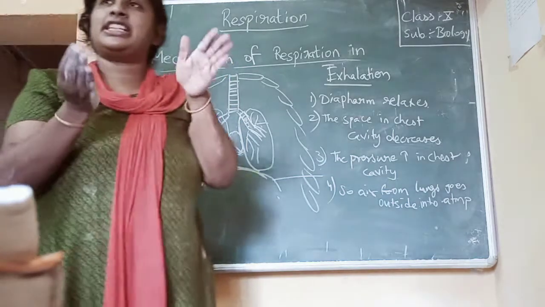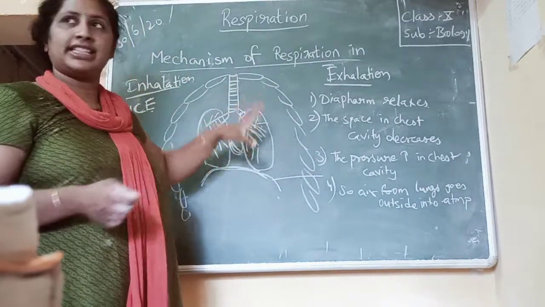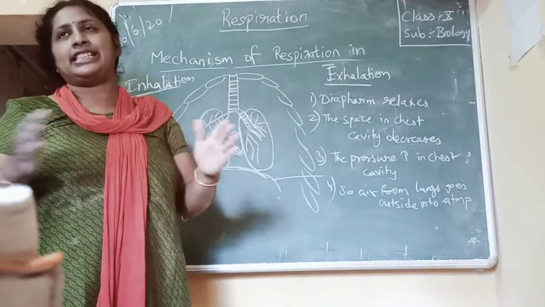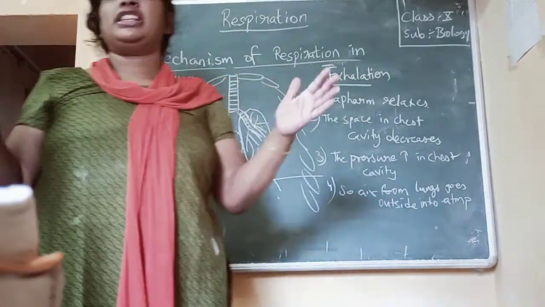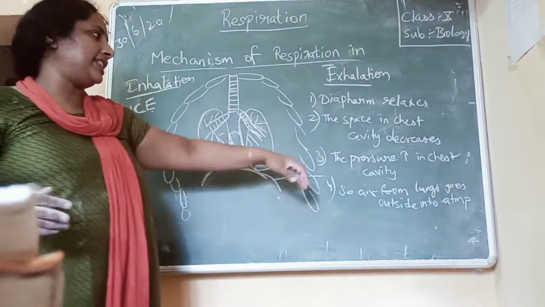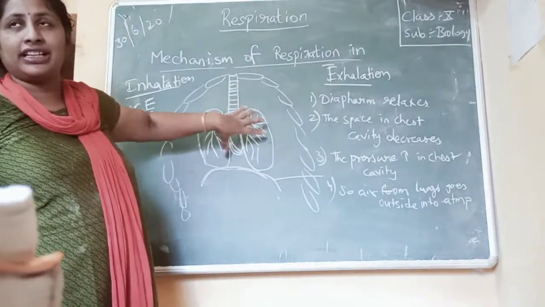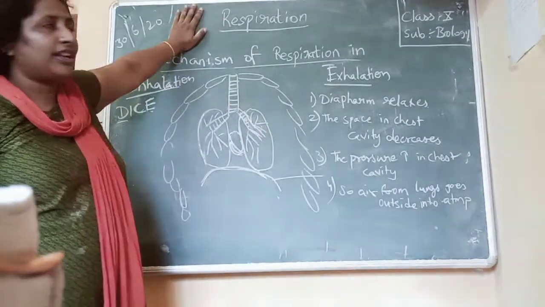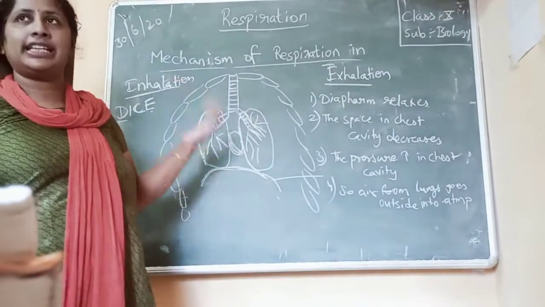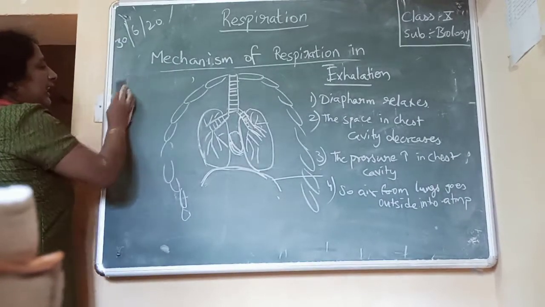So the pressure in the lungs and in the chest cavity increases. If the space is decreased, the pressure increases. So whatever air is present in the lungs, due to more pressure, and the atmosphere has less pressure, it is sent out.